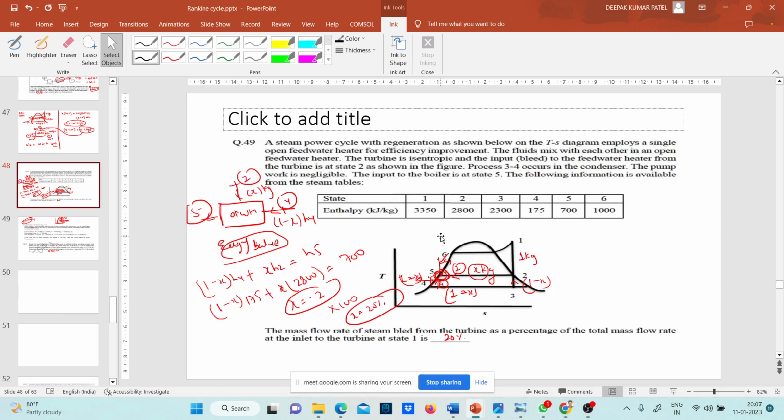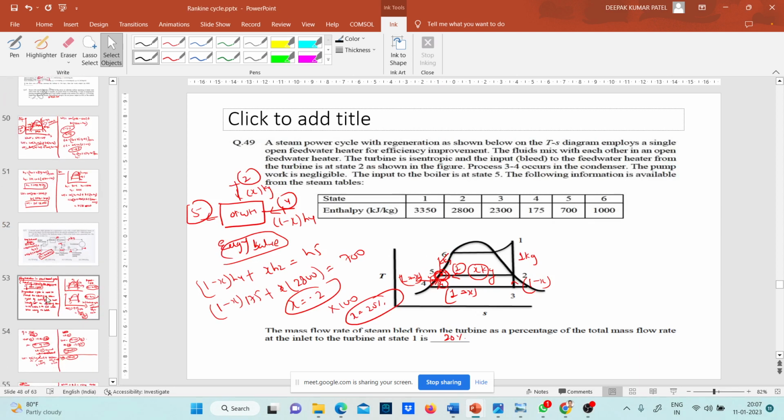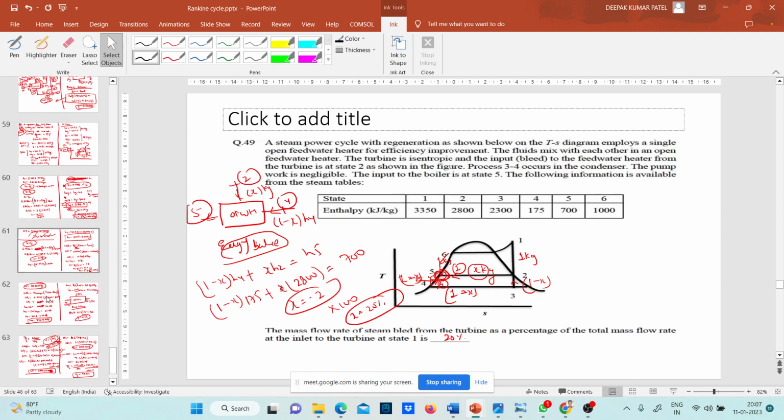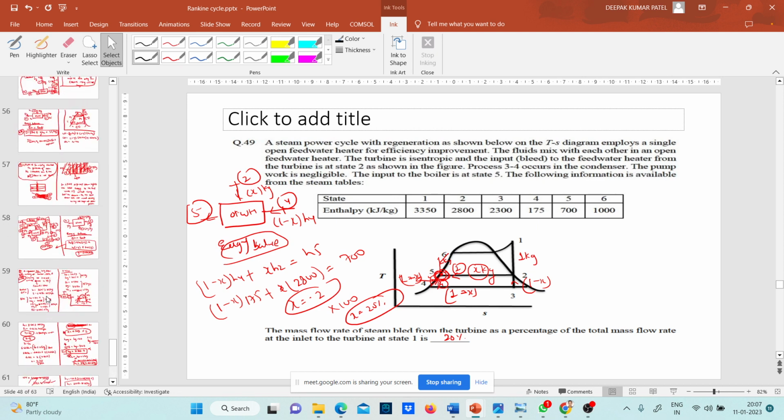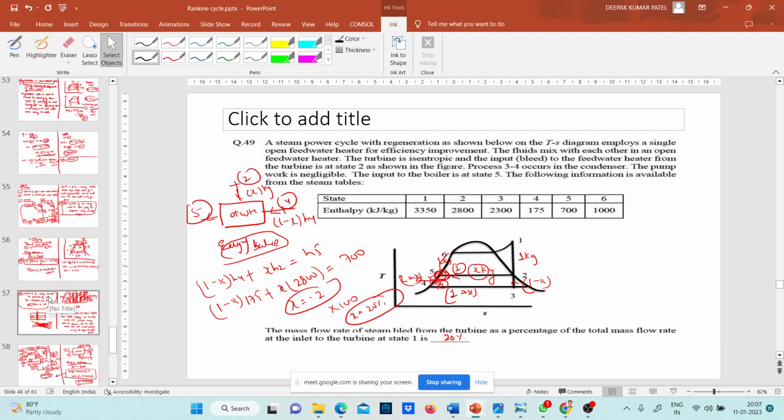I think the steam turbine topic is also finished now. Now we only have the compressor part left. If you want us to do the compressor part, we'll do it, but I don't think they will ask any question on that. Instead, we can do problems on other cycles like the Carnot cycle or air standard cycle.